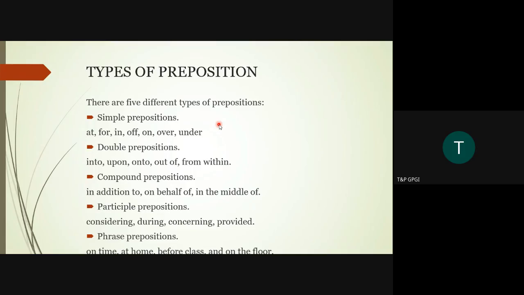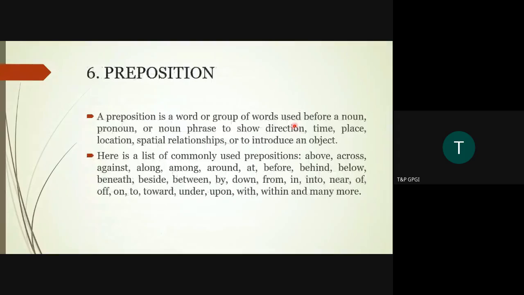A few examples of phrase prepositions are on time, at home, before class, on the floor, and the list goes on. There are many more. These are a few examples that I wrote down. So I have told you what prepositions are. What is a preposition? A preposition is nothing but a word or group of words used before a noun.